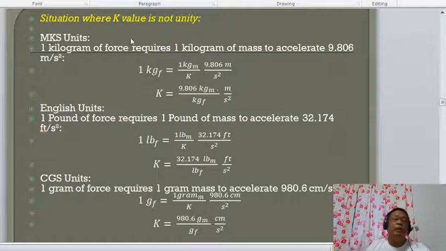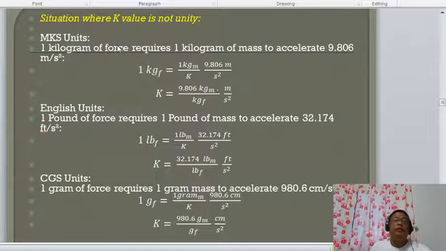So, let's take a look at this now. In order to develop or produce 1 kilogram of force, it is required to accelerate 1 kilogram of mass to 9.806 meter per second square.